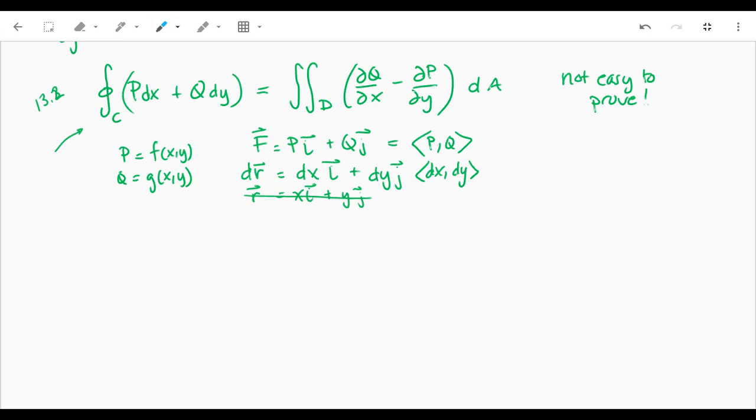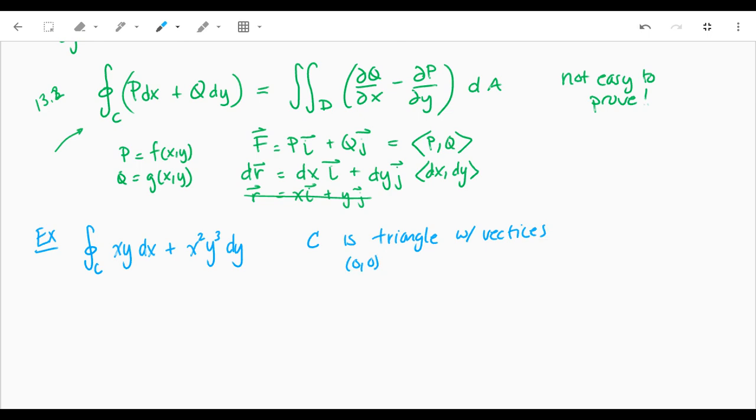So we're going to do this example, and it's actually an example in your book. I don't know that they do it both ways in your book, but we're going to find the integral over the closed curve of xy dx plus x squared y cubed dy, where C is the triangle with vertices (0,0), (1,0), (1,2).